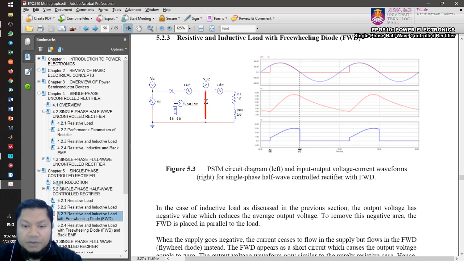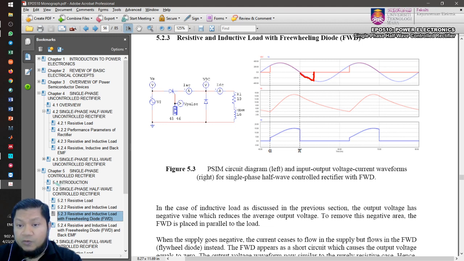So the diode will appear as a short circuit, and therefore the voltage drop across a short circuit will always be 0. That's why during the negative half cycle the diode turns on, and therefore the output voltage becomes 0. So instead of a negative voltage as we had just now without the freewheeling diode, that negative voltage actually reduced the available output voltage.